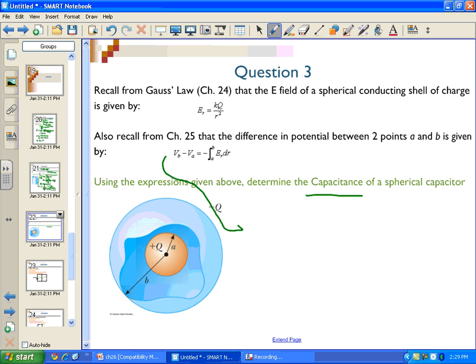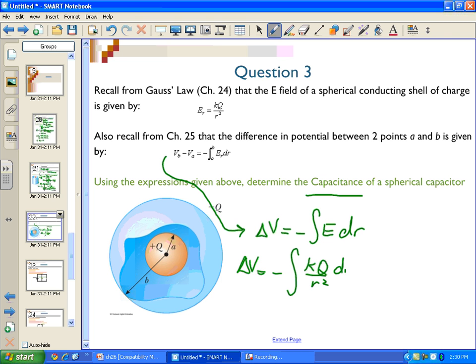We once again begin with our delta V expression, where delta V is the negative of the integral of E dr, where again E is radial, so the scalar product of r hat with the dr vector is just dr. So we write our expression for E, which is kq over r squared, and we know this from Gauss's law, where we take a Gaussian surface surrounding the inner sphere, and the charge on the inner sphere is q.